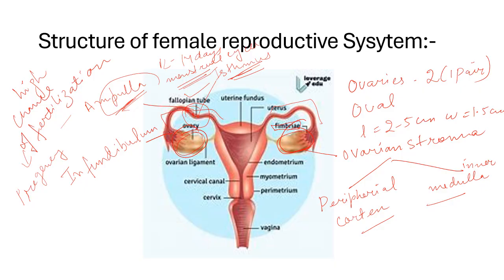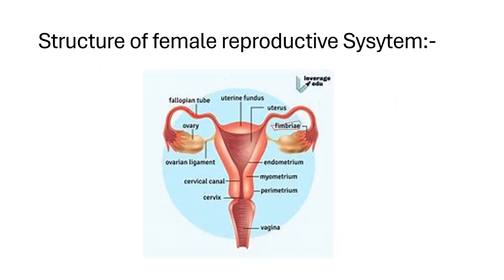Now coming to the structure of the uterus. One minute, let me erase this. The next structure is the uterus. The uterus is pear shaped.